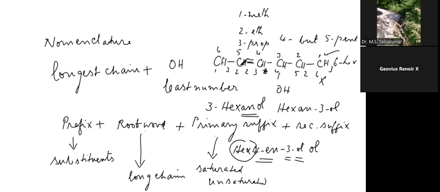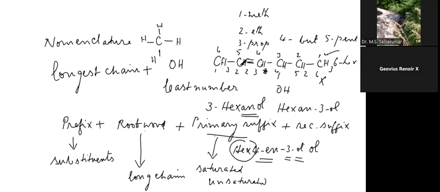So the primary suffix speaks about whether it is saturated or unsaturated. And before that, you try to understand what is saturation and what is unsaturation. A carbon has 4 valencies. If 4 valencies are completely filled by the other atoms, then it is called a saturated hydrocarbon.